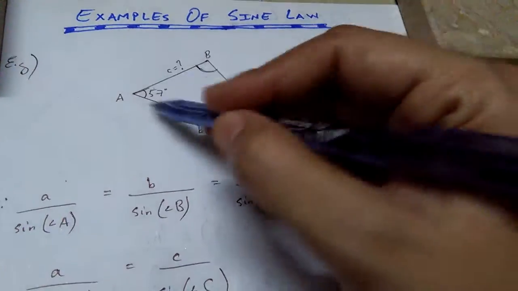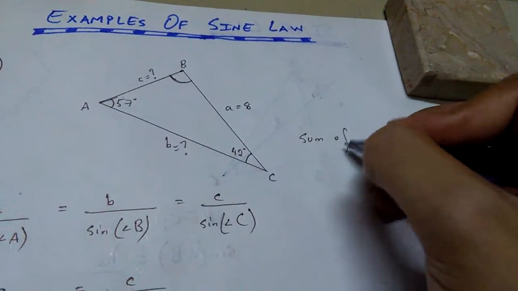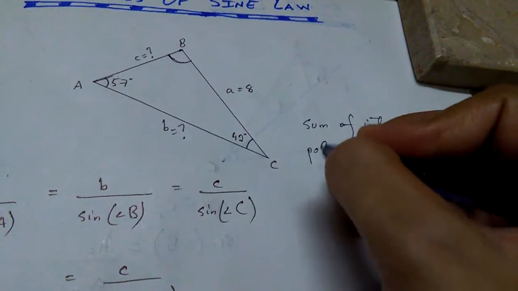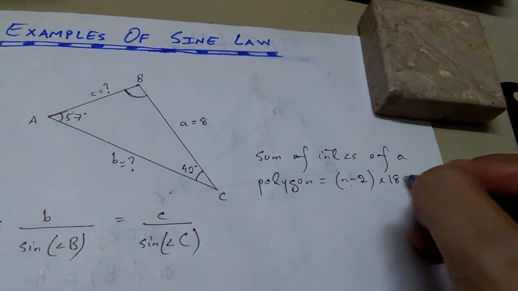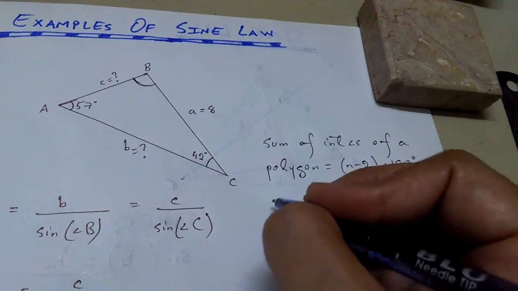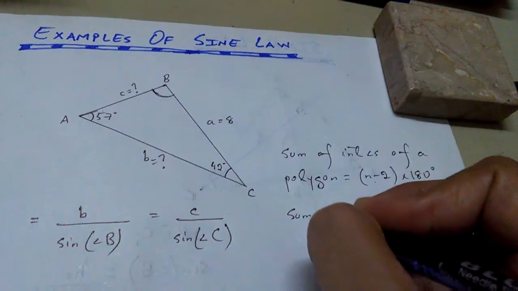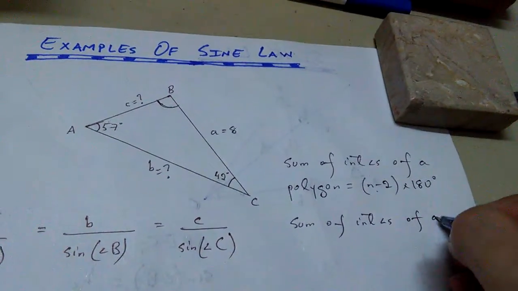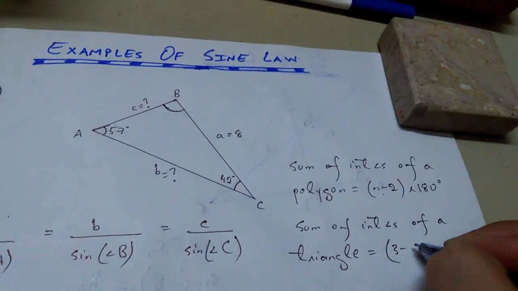We know that the sum of the interior angles of a triangle always equals 180, because if we follow the general formula for the sum of interior angles of a polygon, where n is the number of sides, and the triangle is the very first polygon, so over here the sides are 3.